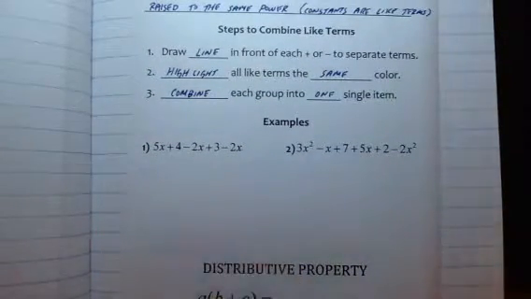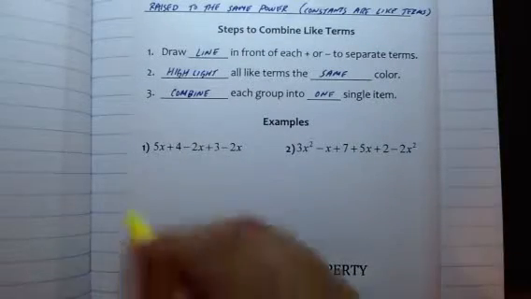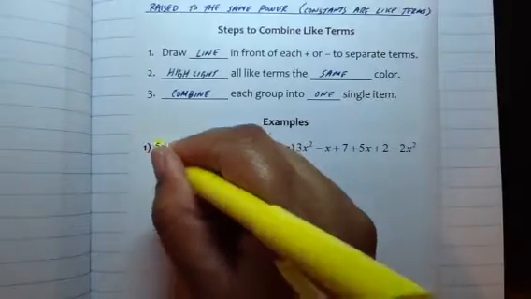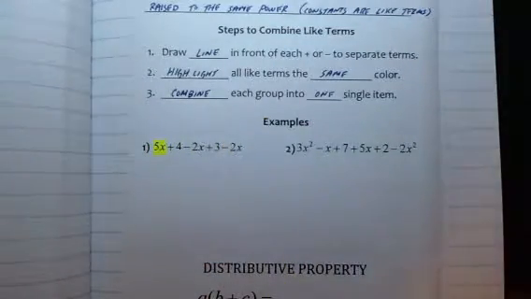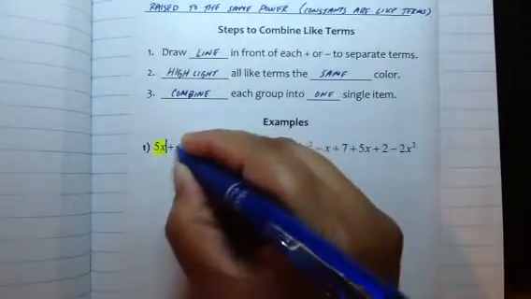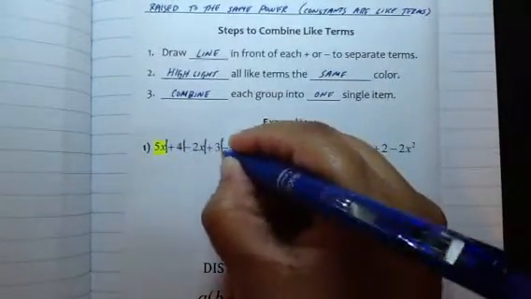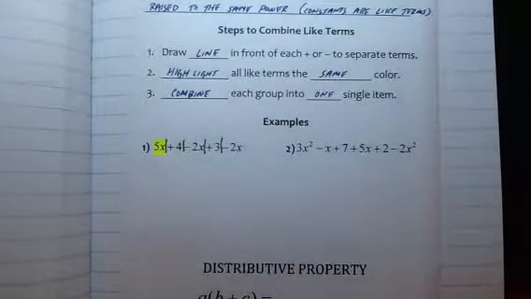So in math we like the letters to come before the numbers. So we're going to look for all the terms that have the numbers, and I already forgot step 1. So I'm going to separate all the terms with the line in front of each term.